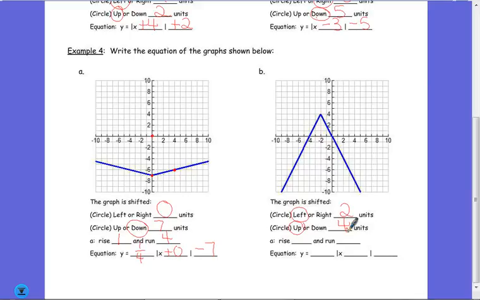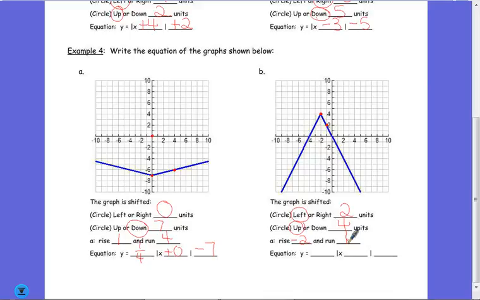Now, for our slope, remember we started at our vertex. We're looking for a whole number. Well, that dot right there is not whole numbers, but that dot is. There's our next dot we're counting to. So we have to rise, but instead of rising up, we're rising down. So we're going to go down 2, which means it's -2, and we are running 1 to the right.